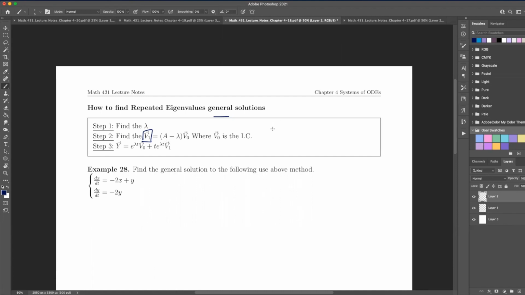This is not how your book does it. Not the book's method. At least, I'm pretty sure I differ from the book. Let me double check. I think your book uses a different method.